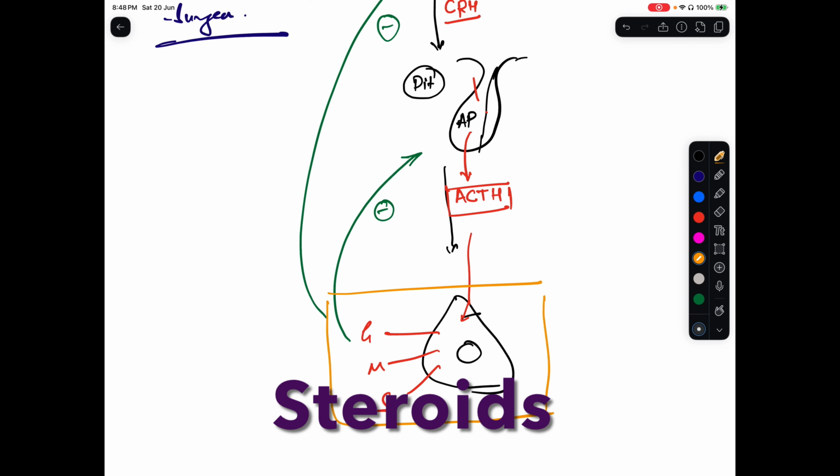In pituitary hypoplasia, ACTH will be decreased and stimulation will be less. In adrenal insufficiency, if these hormones are less, negative feedback will be hampered and ACTH will increase. So in adrenal insufficiency, cortisol is affected; in pituitary hypoplasia, ACTH is affected.